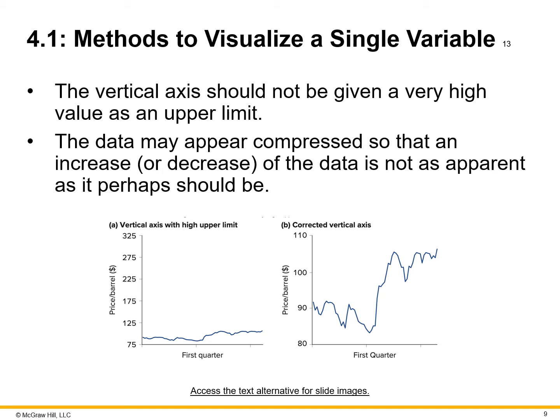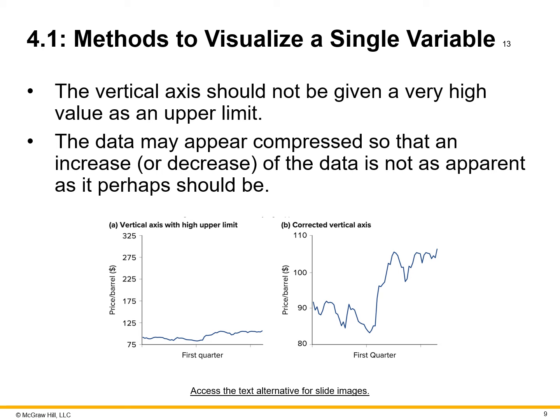For example, on these two charts on the left side, the vertical axis should not be given a very high value as an upper limit. You want to make sure your upper limit and overall scope from bottom to top has the right level of intervals so you can have a good view of the line and variance in the data.